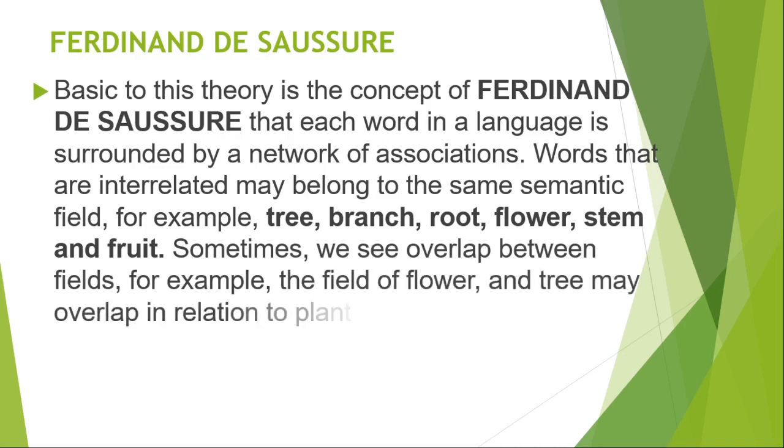Sometimes we see overlap between fields. For example, the field of flower and tree may overlap in relation to plant and grow, because of the fluid nature of meaning. It is not constant, it is fluid. Sometimes one word has a semantic link with another word, but at the same time the same word might have another semantic link with a quite opposite word.